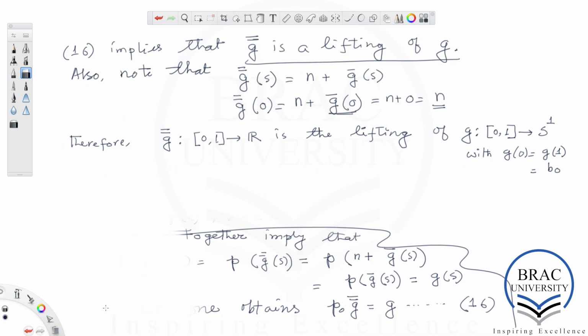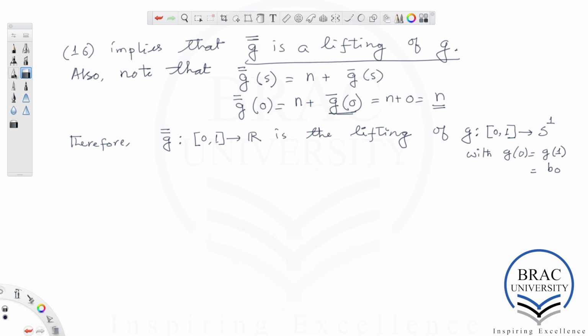Good. And also this lift begins at n in the set of real numbers, which is an integer. Also, n is equal to F bar of 1.